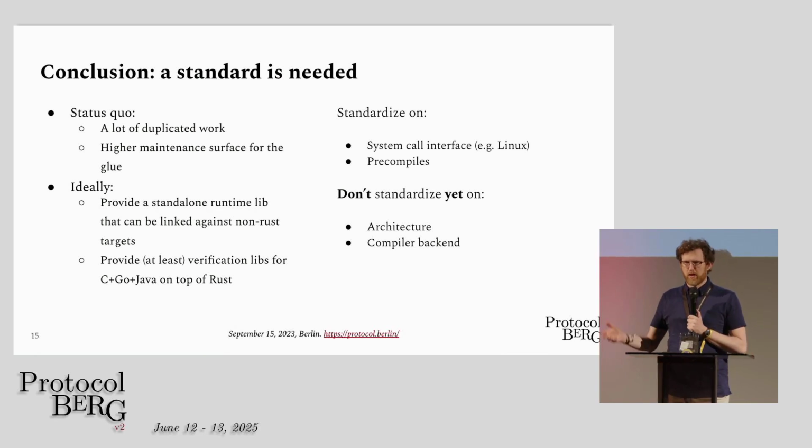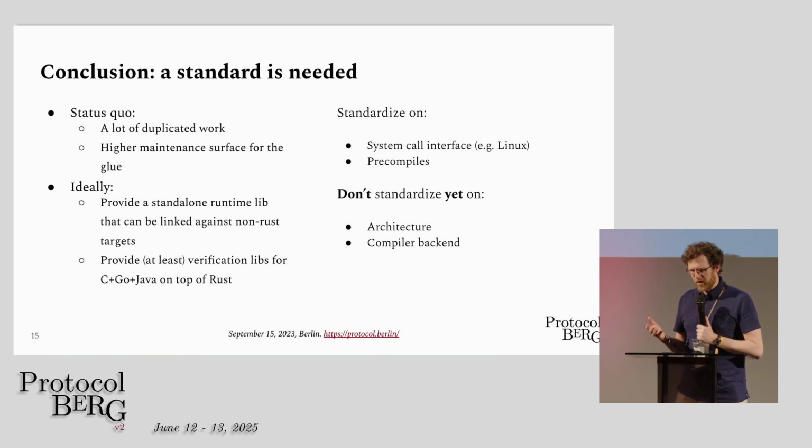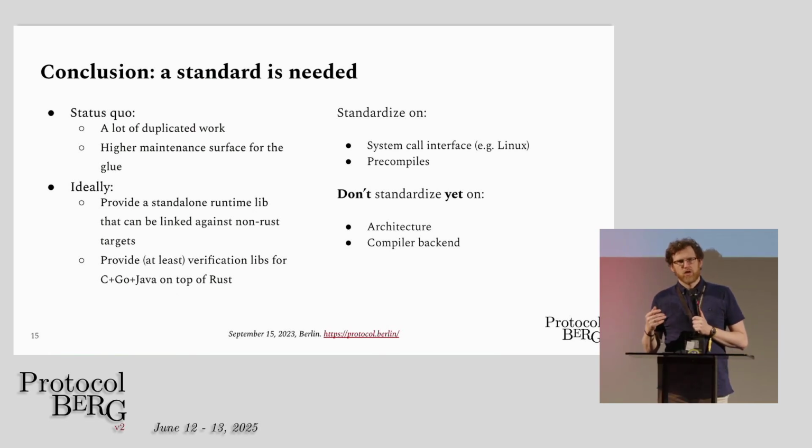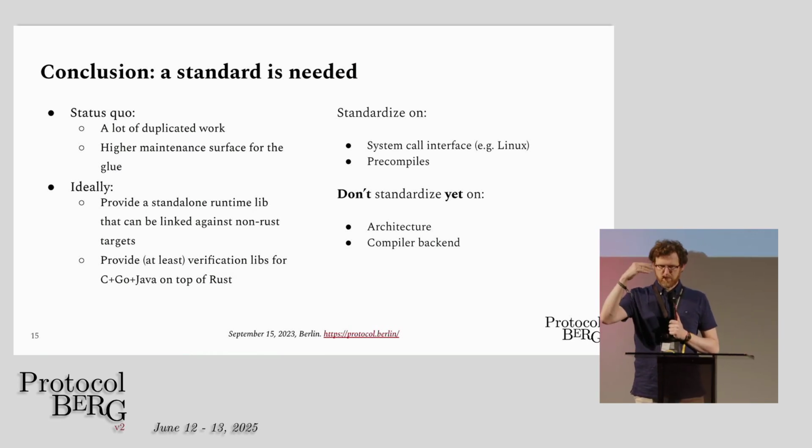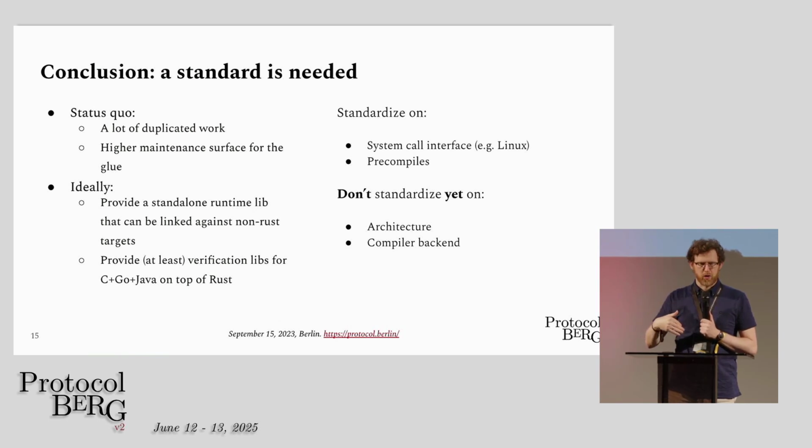So there are two ways out of this. Either every zkVM provides a C runtime that Zig could use, or maybe Go or whatever, or the alternative is standardization. Try to simply make the zkVM behave as much as possible like Linux, and then also agree on a set of precompiles.